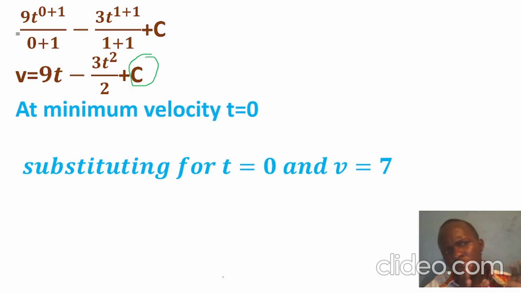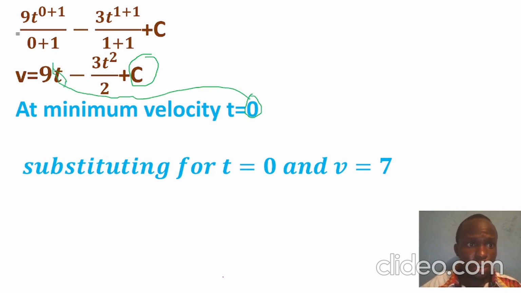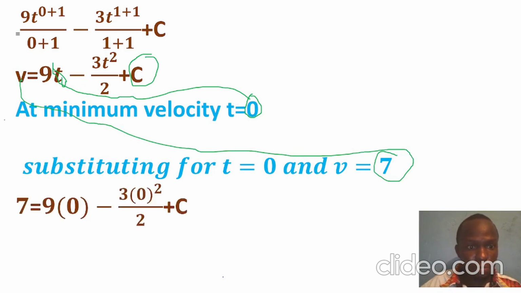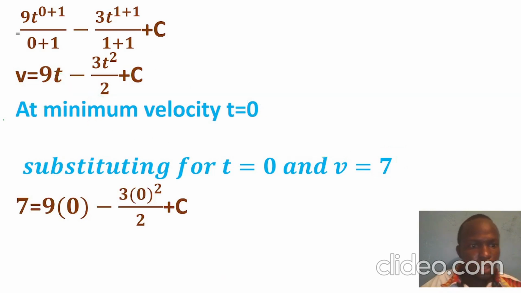Then we do the substitution of those values: where we have t, we substitute 0, and where we have v, we substitute 7.